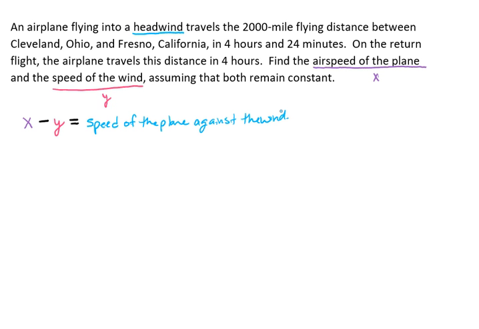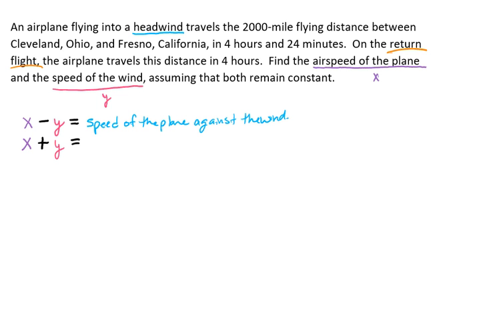Now on the return flight, we're able to travel that distance in just 4 hours. If on the way there we had a headwind, on the way back we're going to have a tailwind, so the wind helps push the plane. Here we have x, and we add our y value.